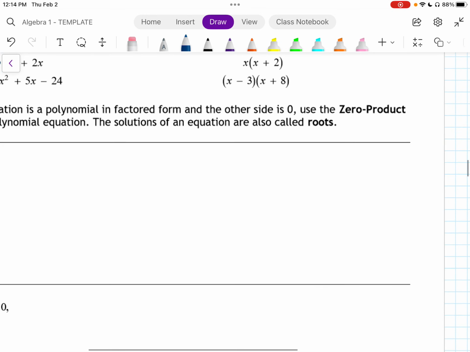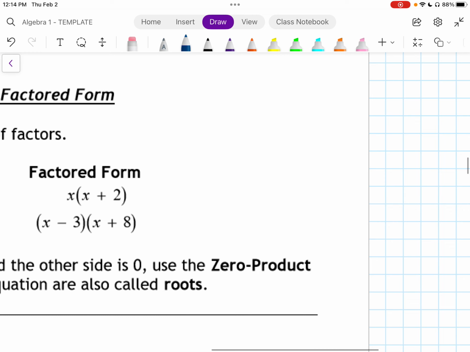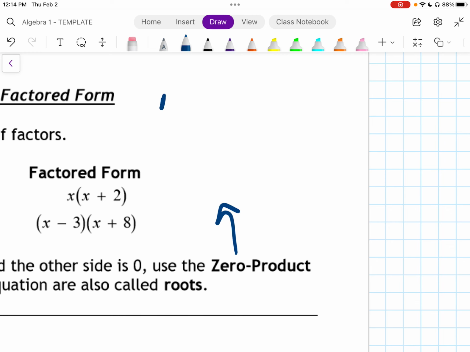All right, what the zero product property does, if we have two numbers A and B, and we multiply them together, and they spit out 0, right? Any two numbers, and they give 0, you know that one of them or both of them has to be 0, right? If you have 5x equals 0, well, we know that x equals 0.